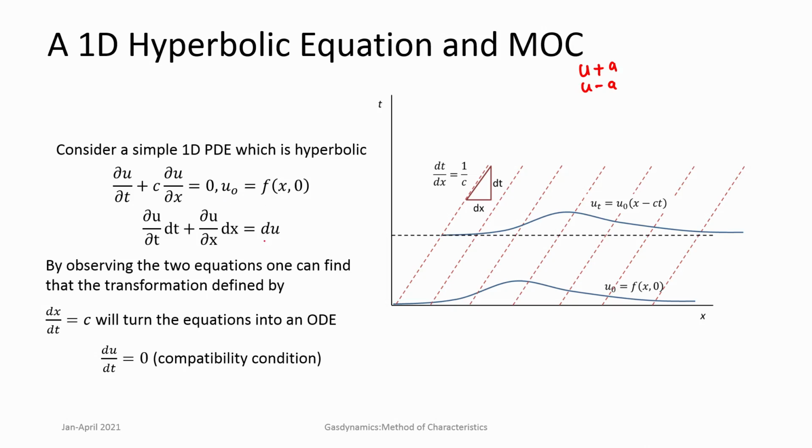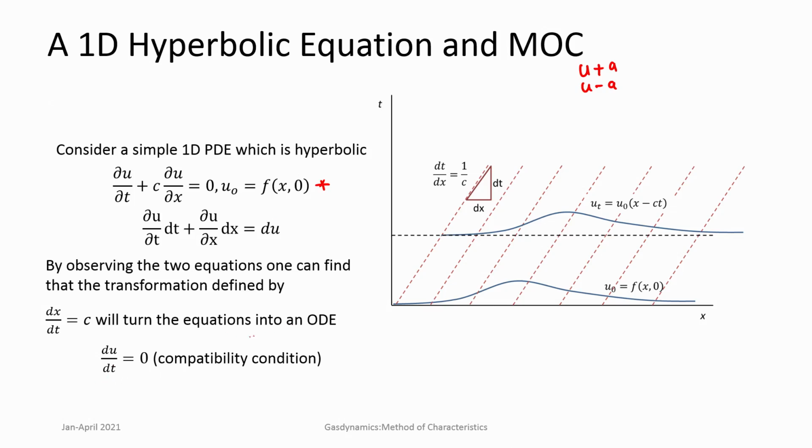If you take the total derivative du, and here u is a function of x and t only, it can be written as dou u by dou t dt plus dou u by dou x dx. And by simple observation, we can find that if you take the lines dx by dt equal to c, then you can convert this equation into an ODE, which is du by dt equal to 0.